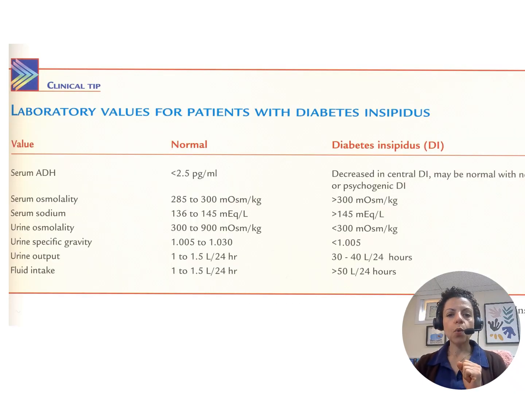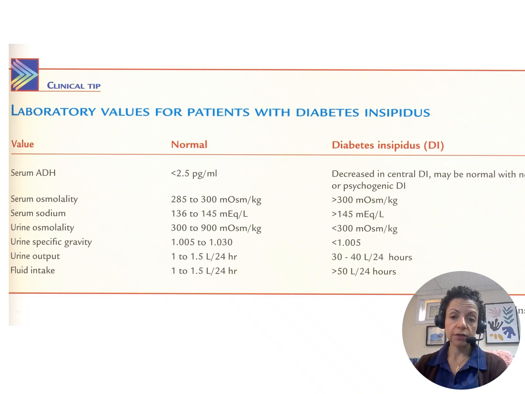Okay, so what do we see in terms of lab values? What do we see as clinical manifestations for diabetes insipidus? As I said, we're going to see blood osmolarity that doesn't match urine osmolarity, right? And if we look at ADH concentration, in central DI, it's going to be decreased, right?